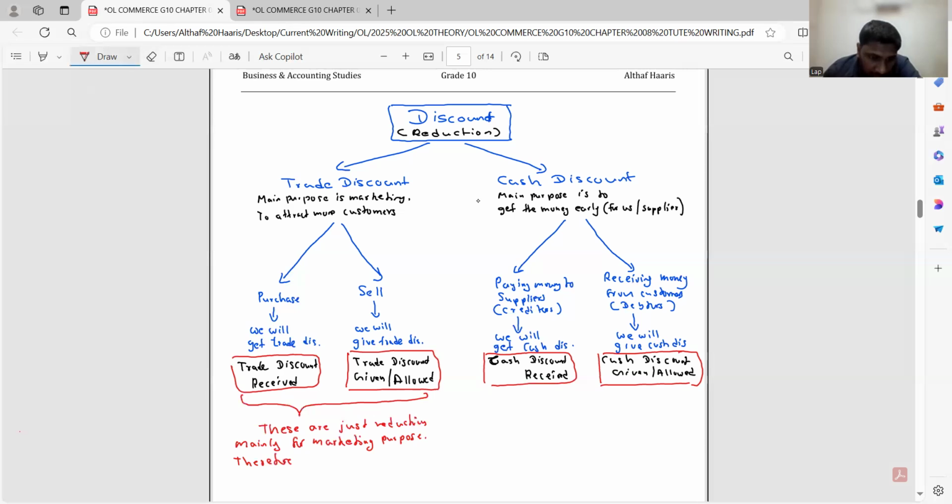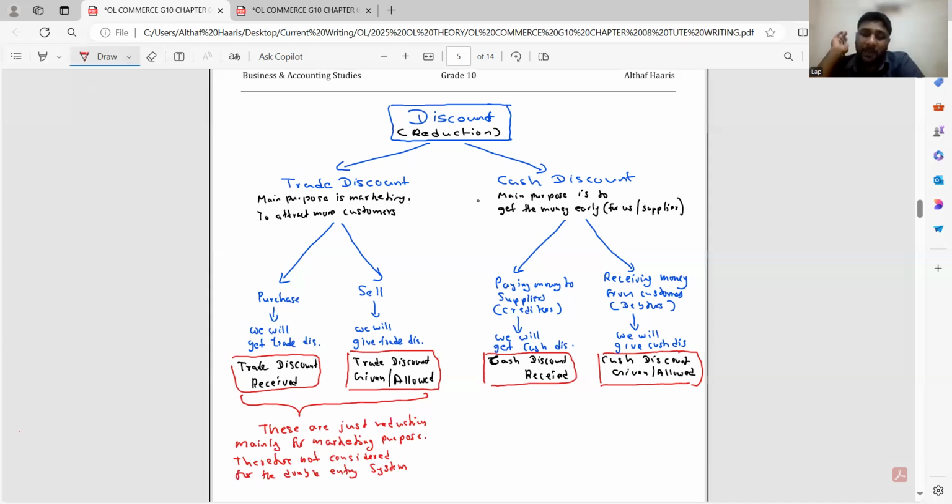Therefore, not considered for the double entry system.